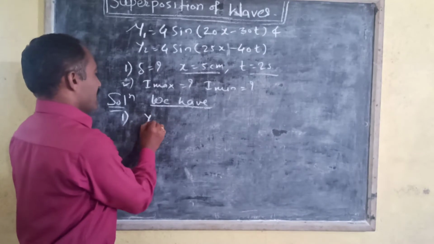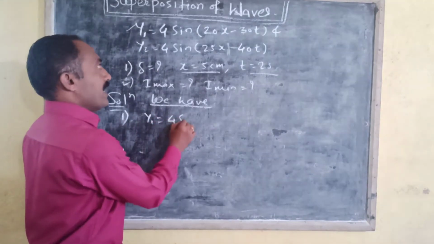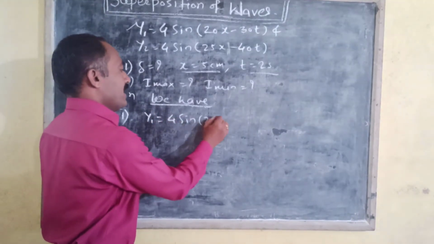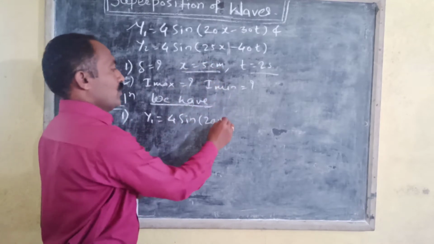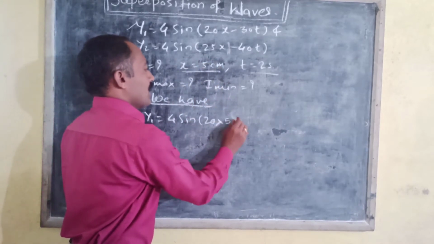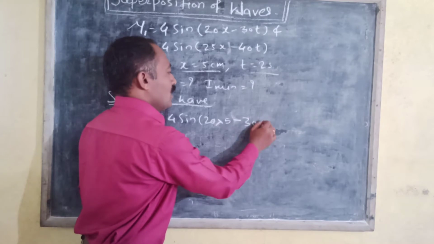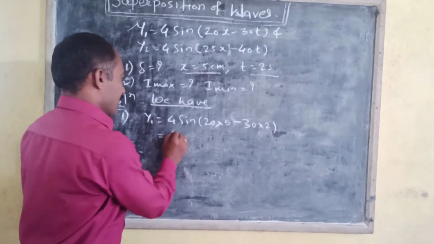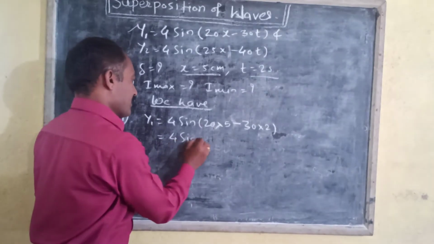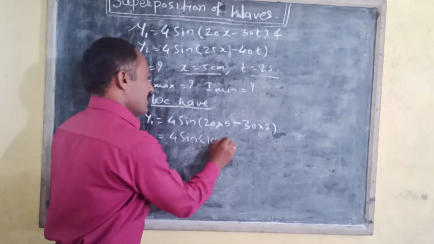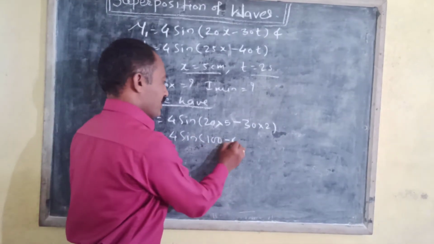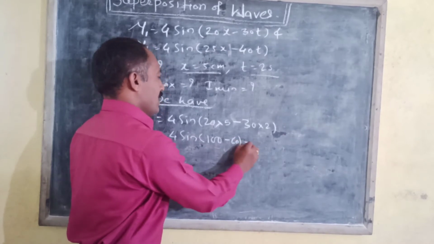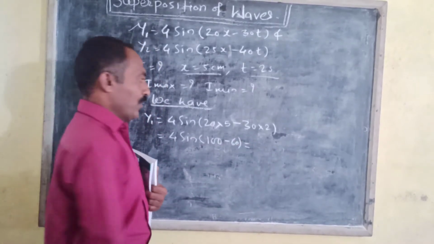Therefore y1 is equal to 4 sine (20 multiplied by 5 minus 30 into 2), which is 4 sine (100 minus 60), equal to 4 sine 40.